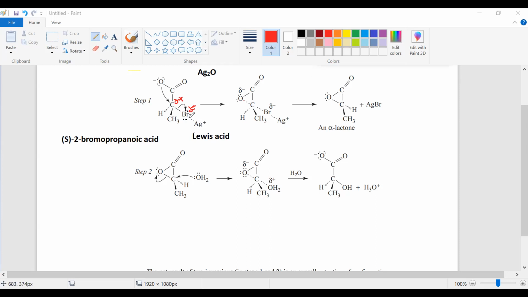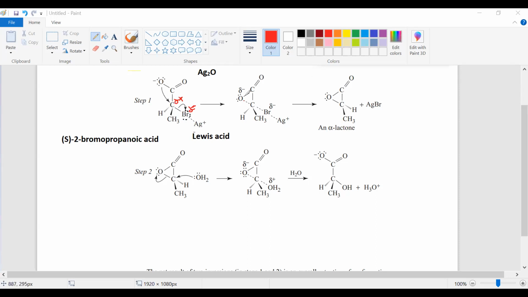So once the AgBr is formed, it will carry with it its electrons from this bond. Br will pull the electrons from carbon, and carbon will be depleted of electrons. It becomes partially positive; this should be a partial positive charge here.